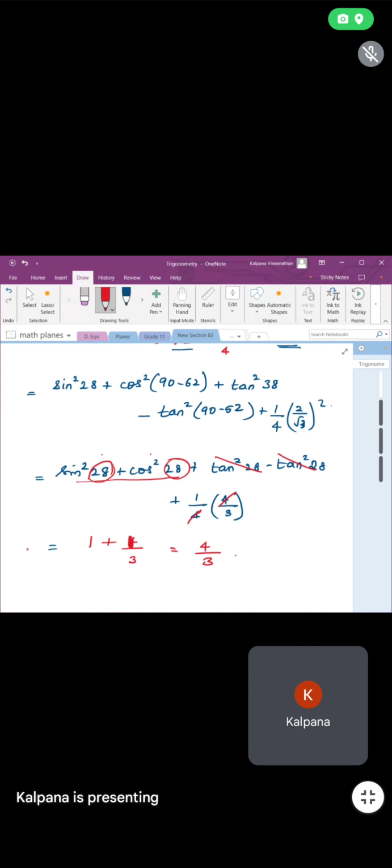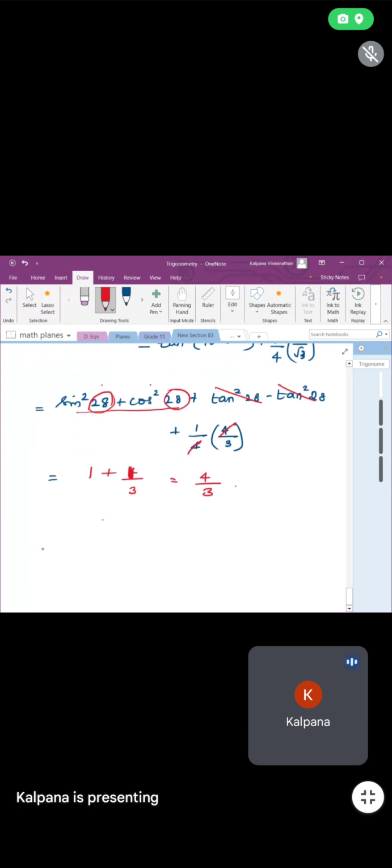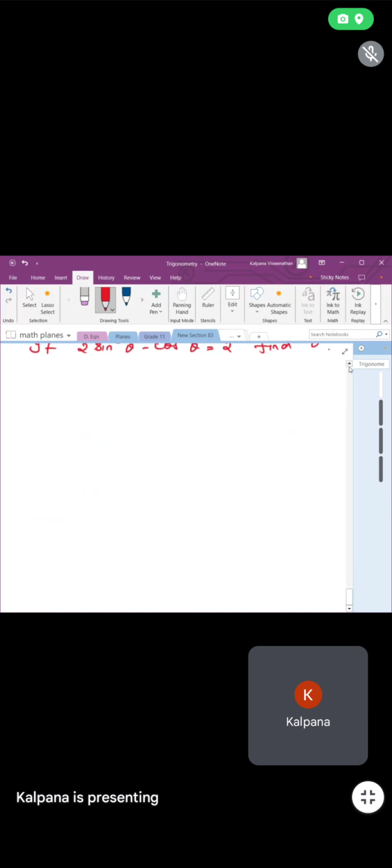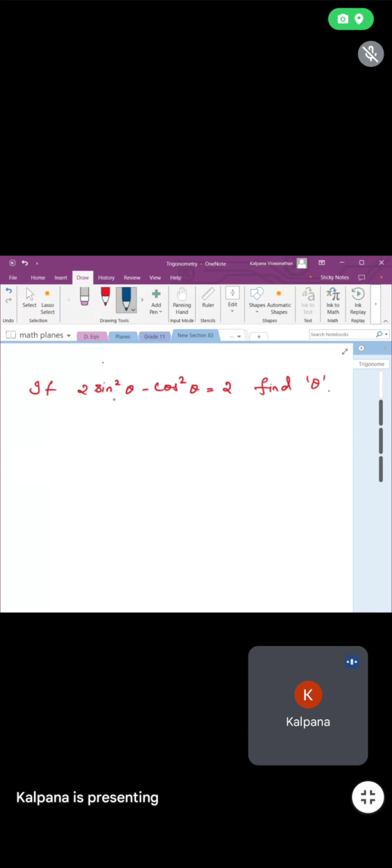Next is the next model question. If 2 sine square theta minus cos square theta is equal to 2, find the value of theta. So how to get the value of theta here? First let us convert to a single term.